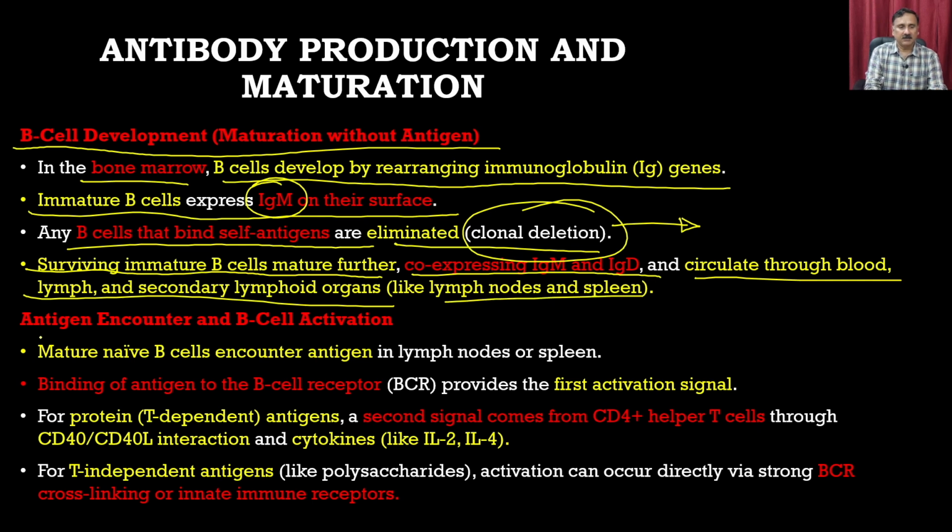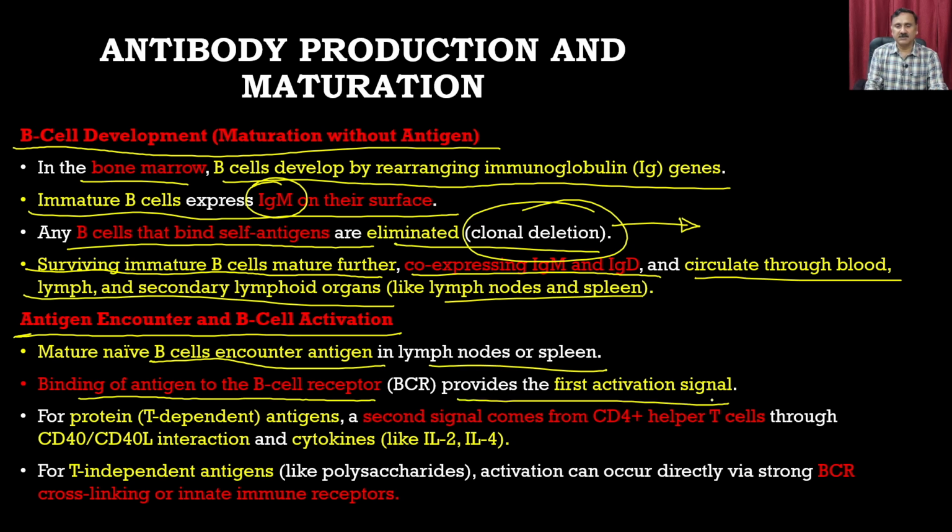When these cells encounter the antigen, the antigen starts the selection process, right? Mature naive B cells encounter the antigen in the lymph nodes or the spleen. Binding of the antigen to the BCR provides the first activation signal.